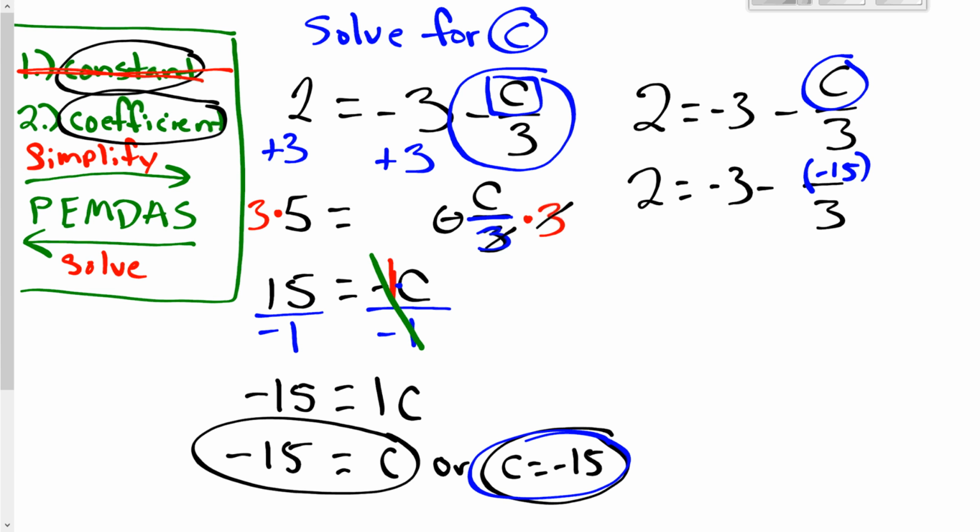And now we have to do our order of operations to simplify. So we're going to move from left to right. There are parentheses, but there's nothing inside I can do. There are no exponents, but there is some multiplication and division. No multiplication, but there is division right here: negative 15 divided by 3. Negative 15 divided by 3 is a negative 5.